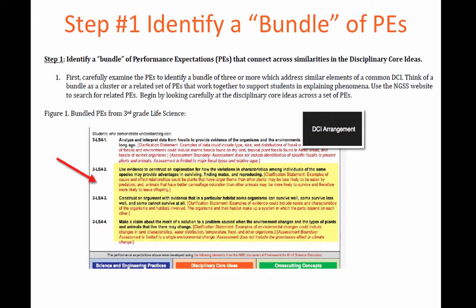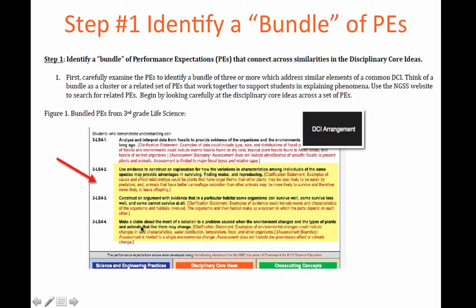The first thing that you're going to need to do is use an online version of the Next Generation Science Standards to identify a bundle of performance expectations. This is an excerpt from the guide, so rather than read you all the steps, I'm just going to reference that this is the first place you start. This particular highlighted area are the 3 that I identified as a bundle.